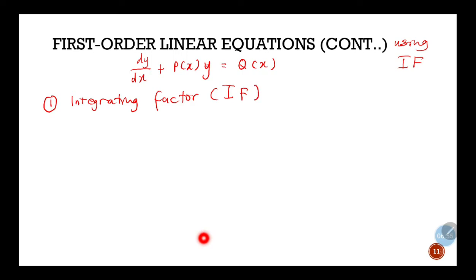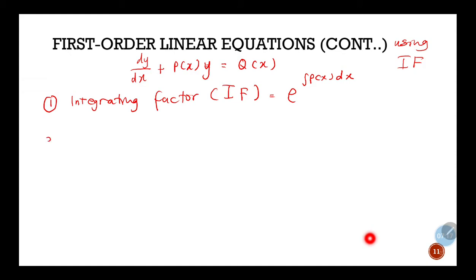So how to find the integrating factor? To find the integrating factor, you should use this equation: e to the power of the integral of p(x) dx. That's why it's really important that you know how to locate which one is your p(x).